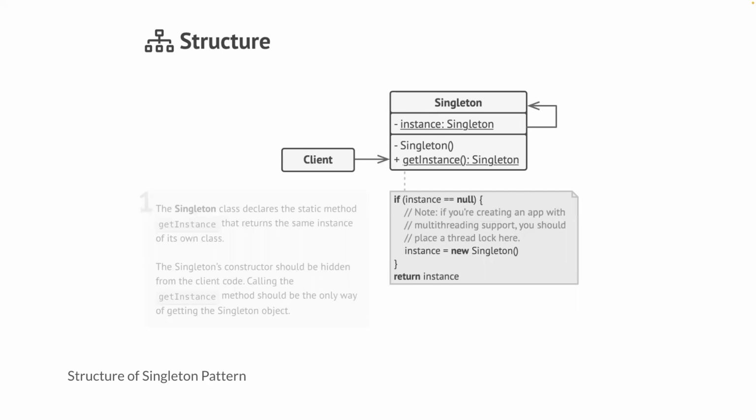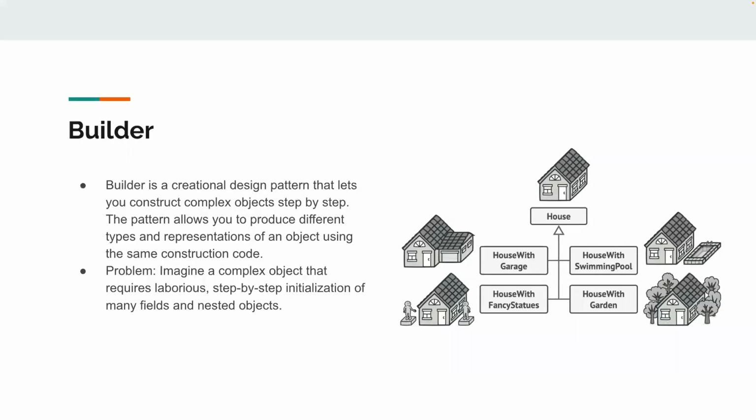And you should use the singleton pattern when you need stricter control over global variables. For example, Spring Framework uses the singleton pattern for all the objects defined as beans. That is one real life example.